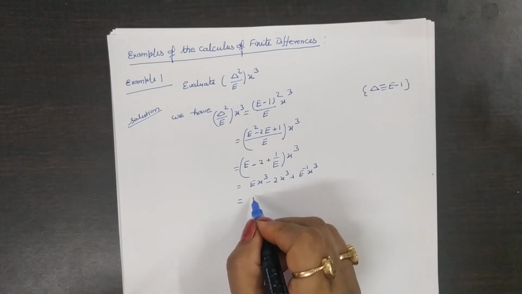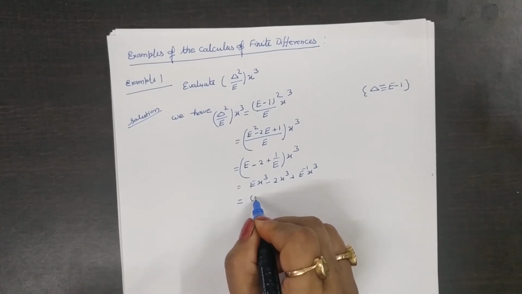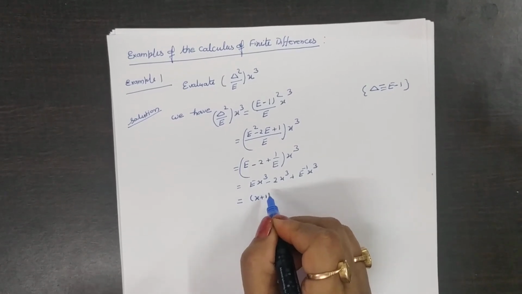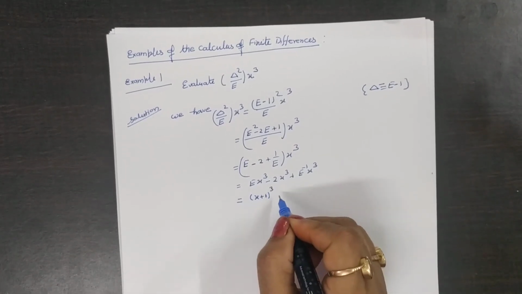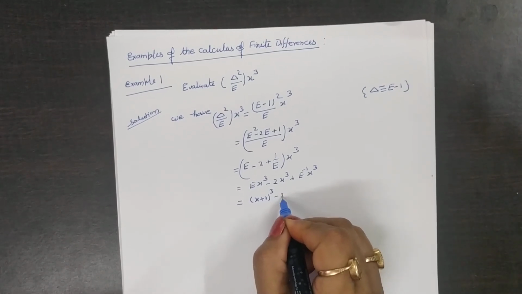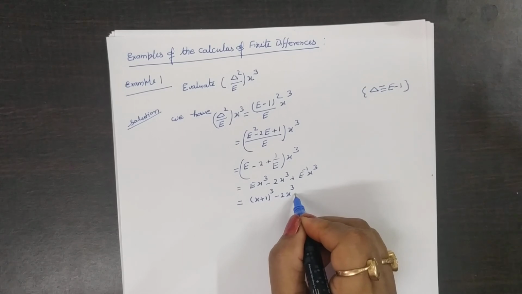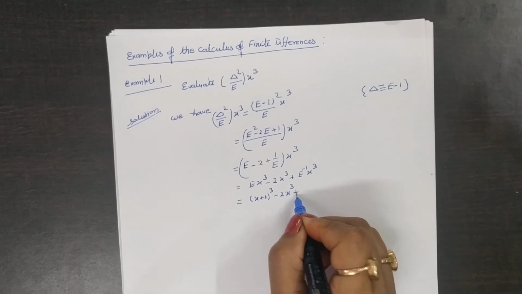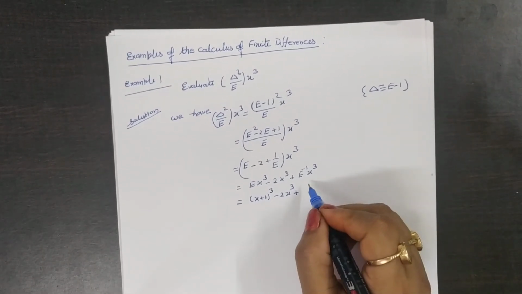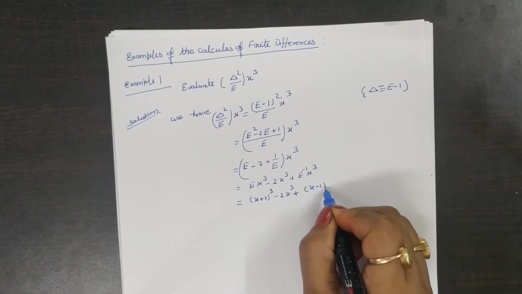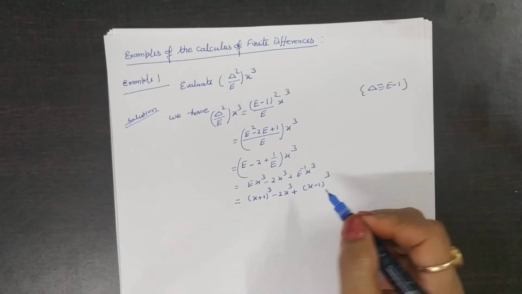Therefore this can be written as (x plus 1) whole cube minus 2x cube, and then plus E inverse, that is f of x minus h, so this is (x minus 1) whole cube. Now you can solve it.